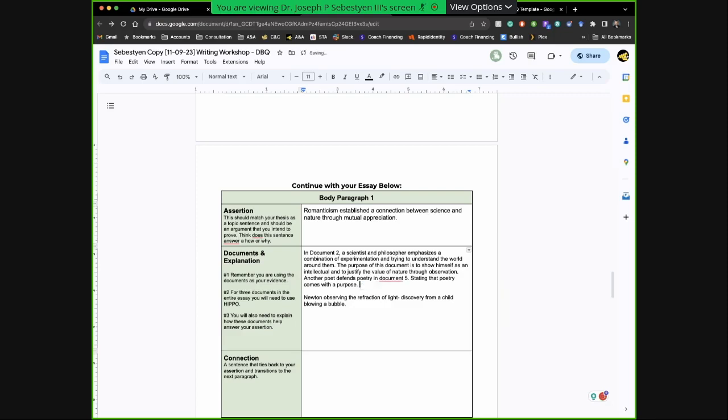And then document 7 shows Newton observing the refraction of light, implying he got the idea from a child blowing a bubble. The purpose of this painting: he had a connection with nature, his scientific observations.